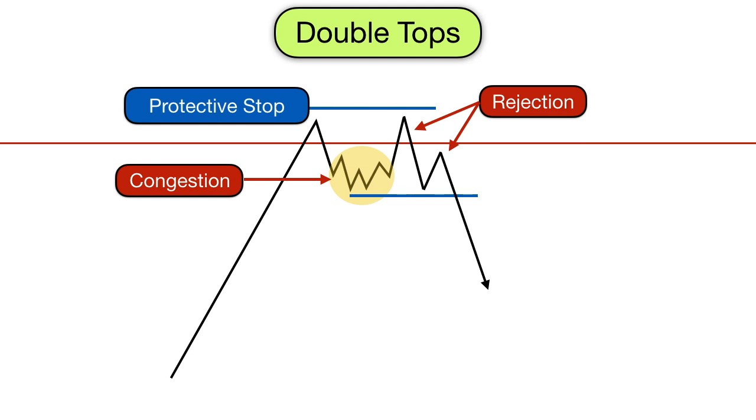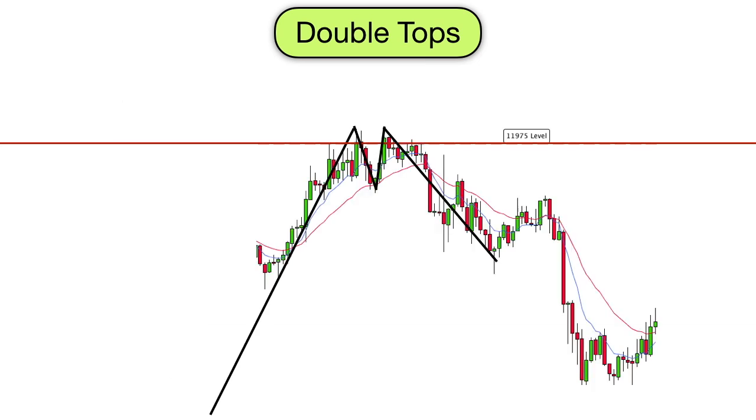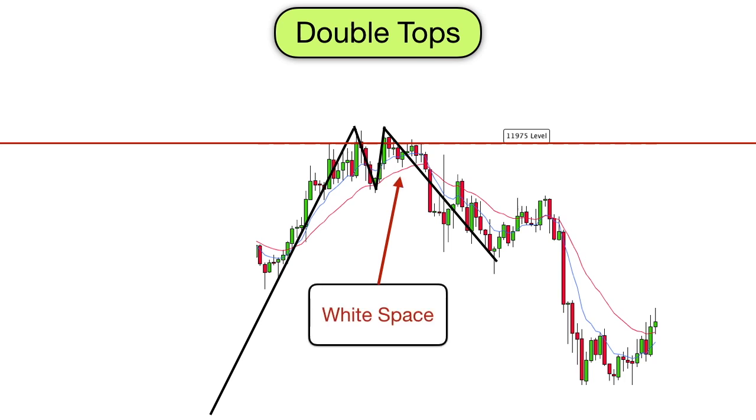If there's too much congestion there and lots of price bars going in both directions, then it's best to give the trade a miss. And look for what we refer to as white space between the middle of the pattern and the reverse back down from the second high. White space is an area on the chart with no price action, a blank space.